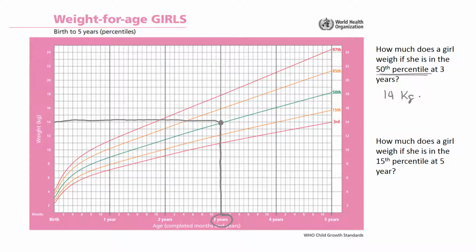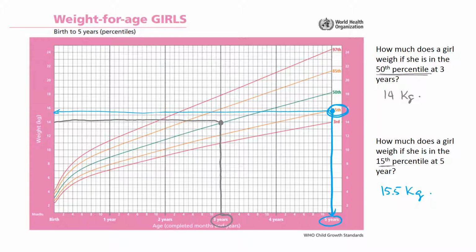Next question, how much does a girl weigh if she is in the 15th percentile? 15th percentile means you're going to be following this orange curve here, and 5 years is at the end of the horizontal axis, so it's right here. If I read across, she's going to weigh approximately 15.5 kilograms.